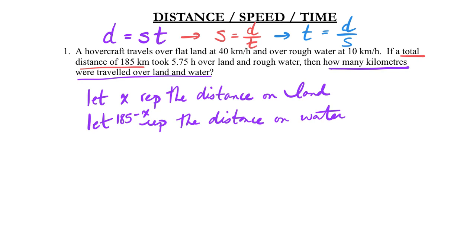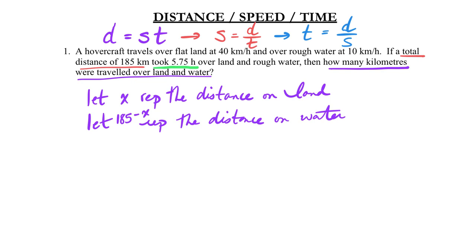Okay, that's what I need to find. x is my distance on land, 185 minus x is my distance over water. Well, now I need to try to build an equation. The question also tells me that it took me 5.75 hours in total to go over land and water. So I know my total time.